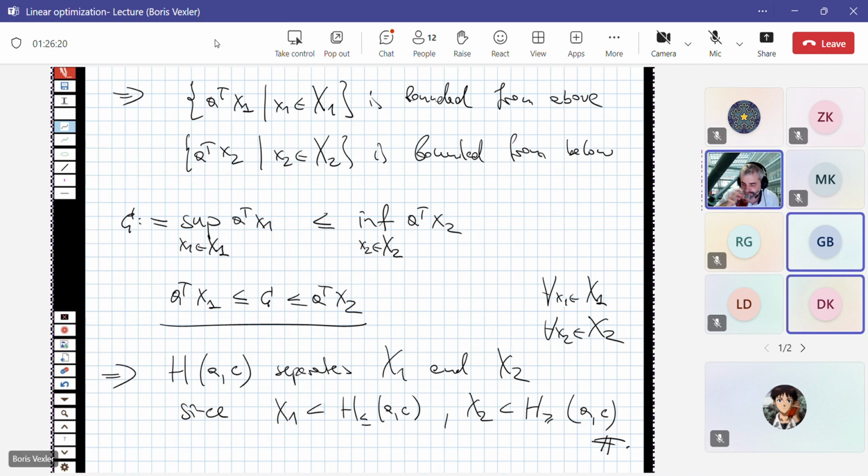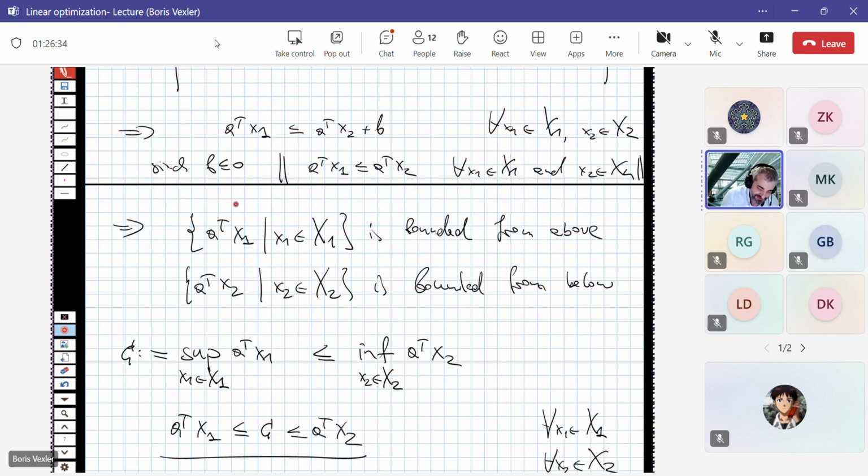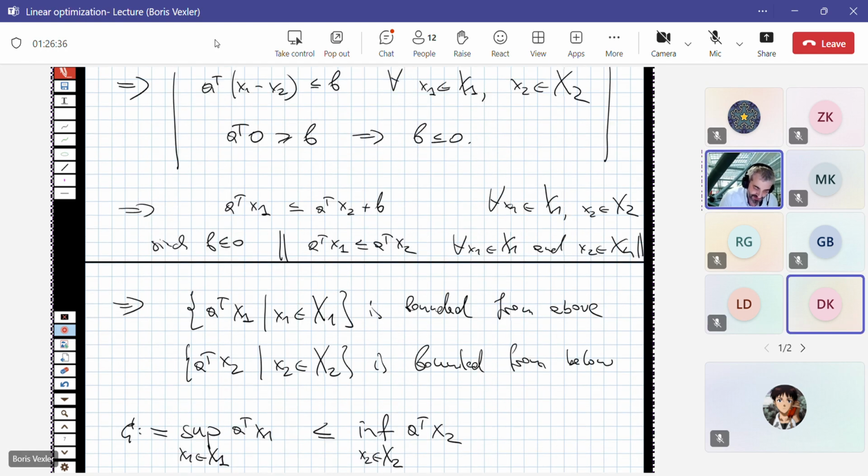Questions? Why are these sets bounded? We can say it from the inequality written, right? Yes, because of the inequality, a transposed x1 is less than or equal to a transposed x2. Exactly. This is true for all x1 and all x2. You can take just some fixed element from X2, since X2 is not empty.